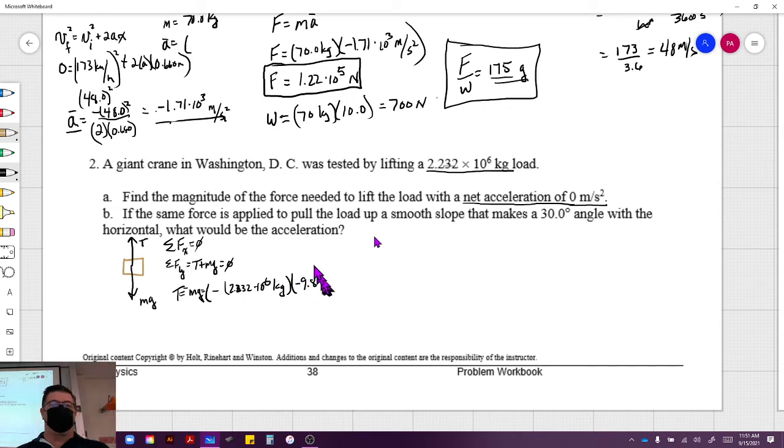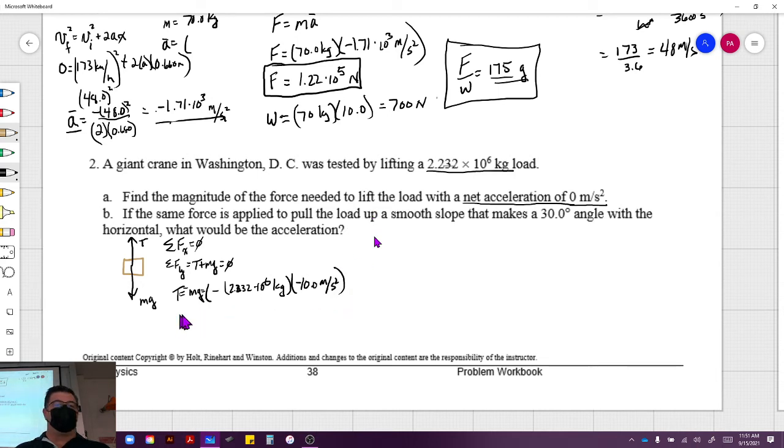Oh, no, sorry, I'm going to use 10. Times the negative 10.0 meters per second squared.